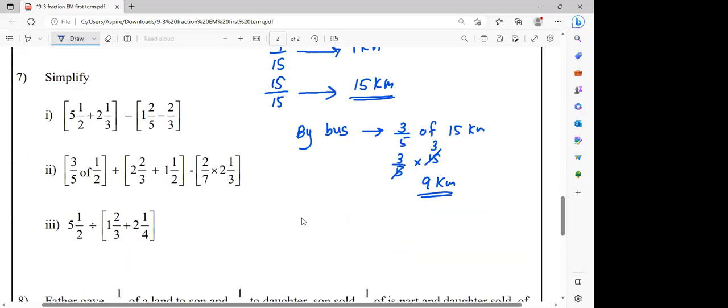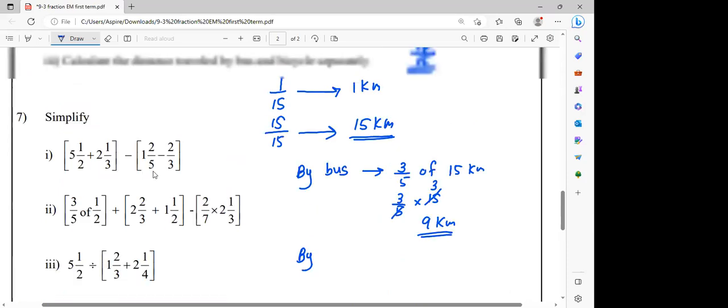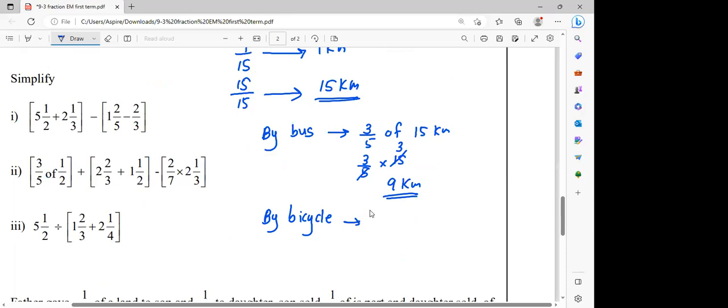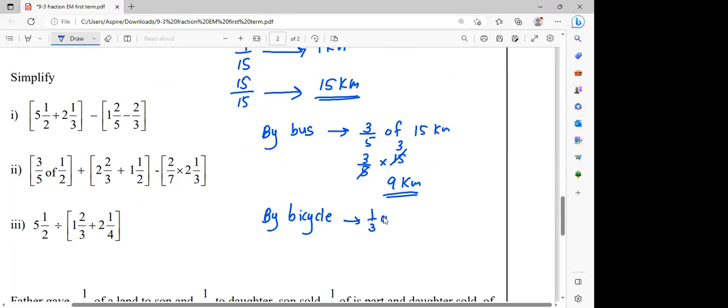Then by bicycle, it is 1/3. 1/3 of 15 kilometers.